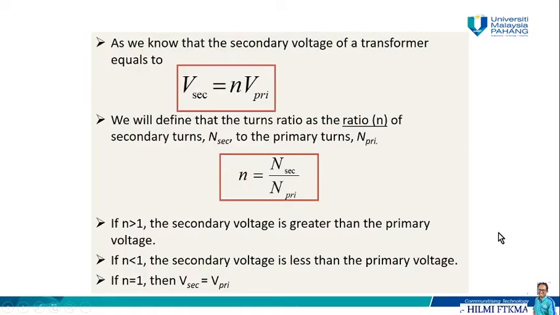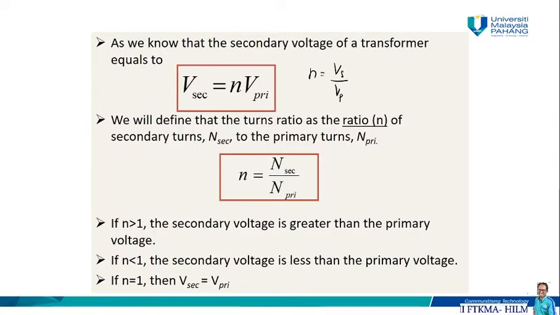So as we know, the secondary voltage of a transformer is V secondary equals N times V primary. This equation comes from what we learned in the previous topic, where N, the turns ratio, is equal to V secondary over V primary.